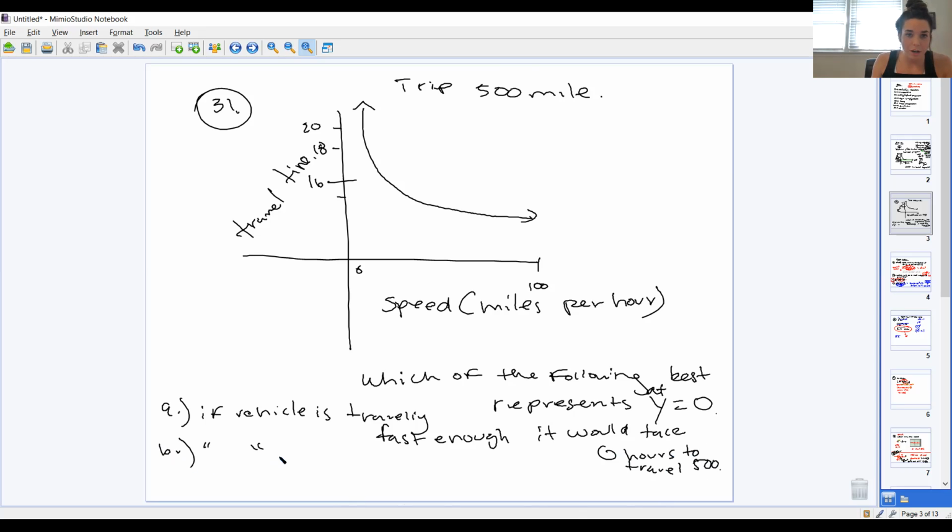B, if the vehicle is traveling slow enough, it would take 500 hours to travel 500 miles.